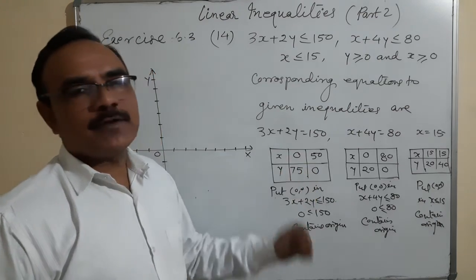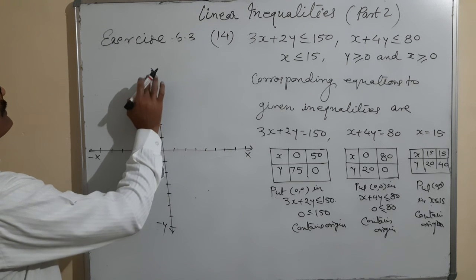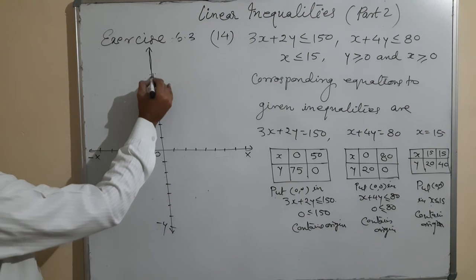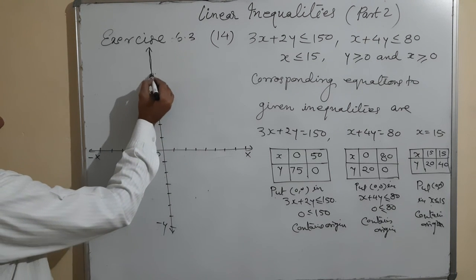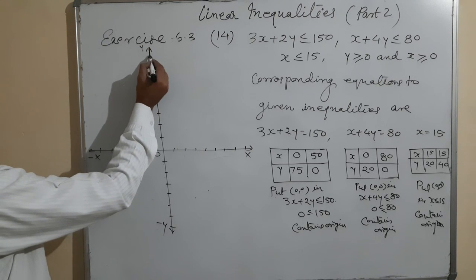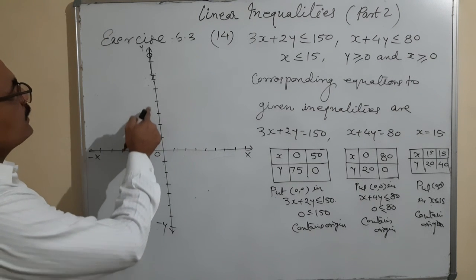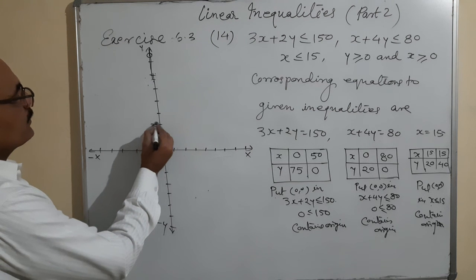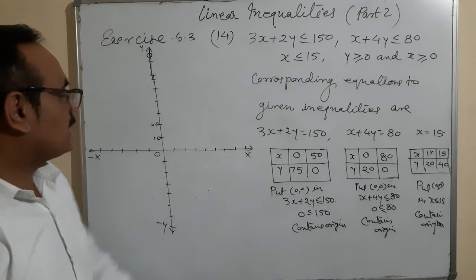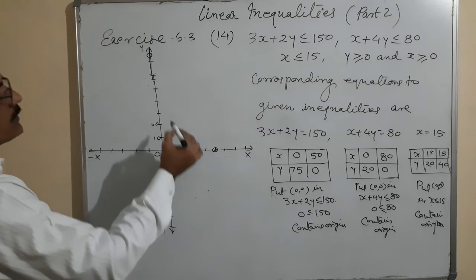X 0, Y 75. 10, 20, 30, 40, 50, 60, 70, it is 80. So this is 75. X 0, Y 75. Then 10, 20, 30, 40, 50, 60, 70, 75. X 50, Y 0. 1, 2, 3, 4, 5. Okay, we can join it.